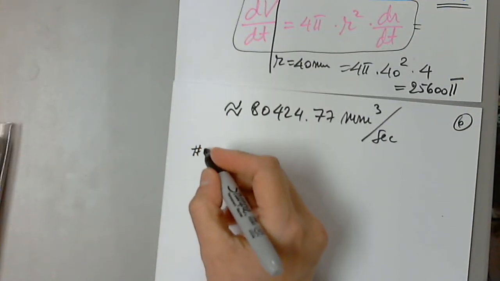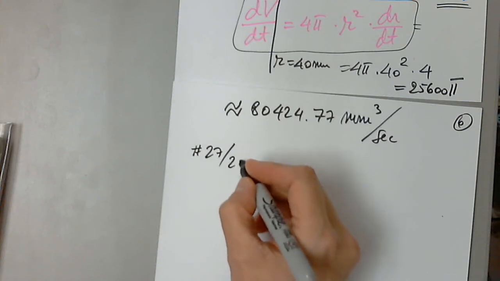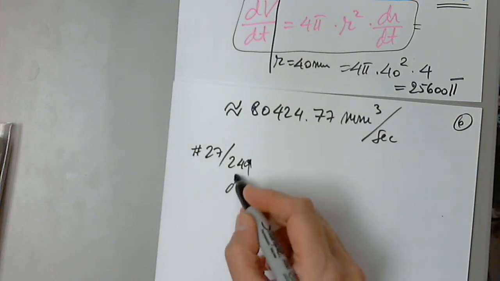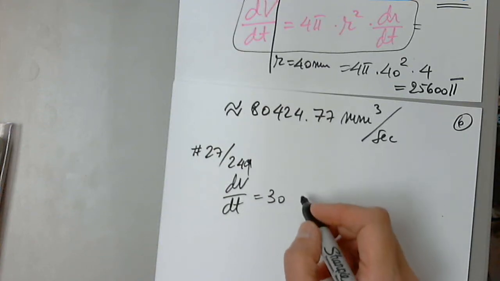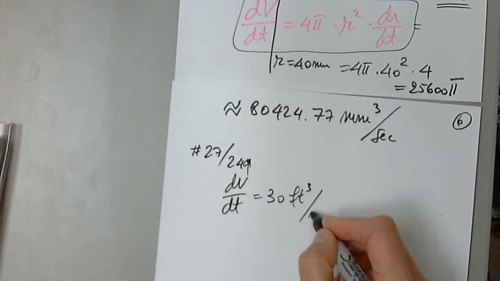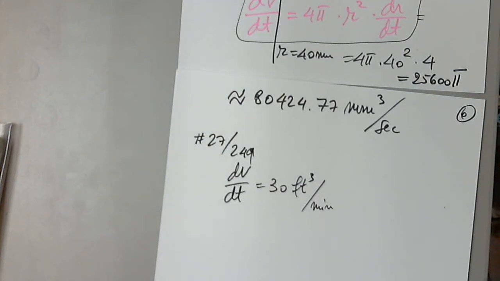So this is 27 on 249. dV over dt is given as 30, in cubic feet per minute. It says that it forms a pile in the shape of a cone whose base diameter and height are always equal.